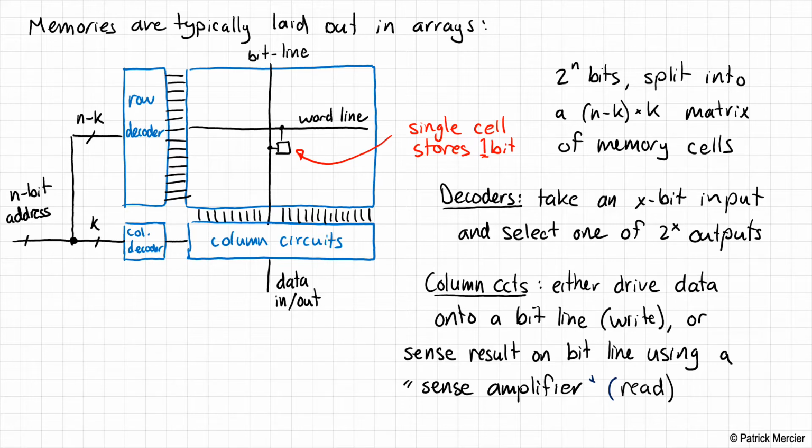So let's go ahead and dive into one example of a memory cell and make sure we understand what all of the circuits for this overall structure will look like. The first cell we're going to look at will be an SRAM cell. This is the most popular memory for on-die microprocessors.